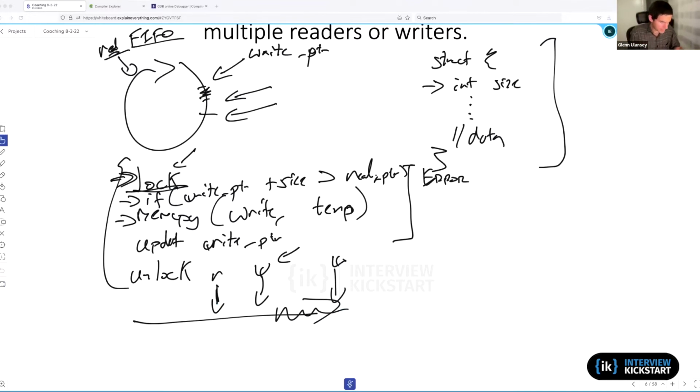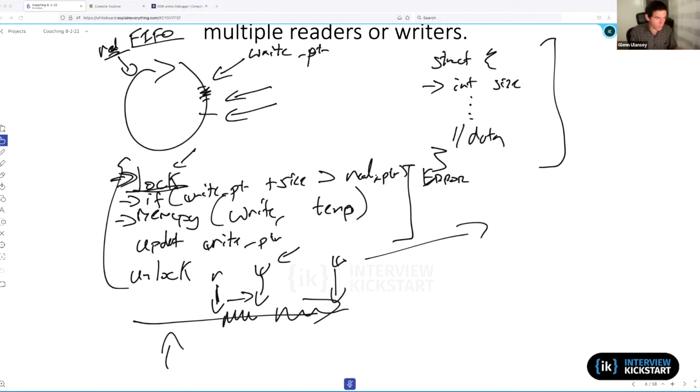The reading guy is where it gets more interesting, because the reading guy can only read up until the write pointer. It can only read this section. And the reader relies on the write pointer to always be valid. The write pointer can't sometimes point back here or sometimes point way over here.